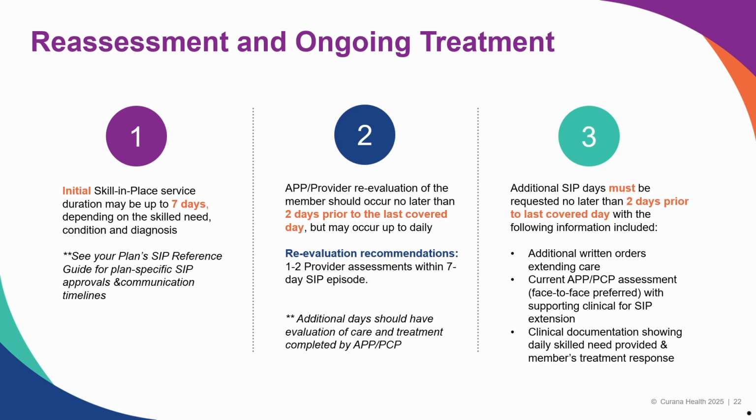Reevaluation recommendations are 1 to 2 provider assessments within a 7-day skill-in-place episode. Additional skill-in-place days must be requested no later than 2 days prior to the last covered day with the following information: additional written orders, the current APP or PCP assessment with the supporting clinical documentation to support that daily skilled need, and the member's treatment plan.